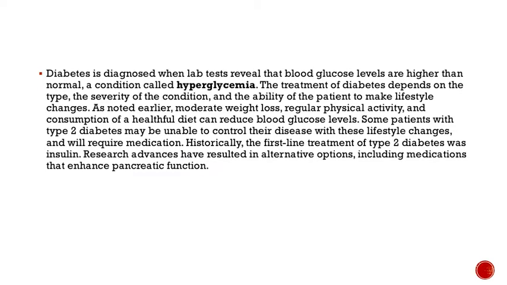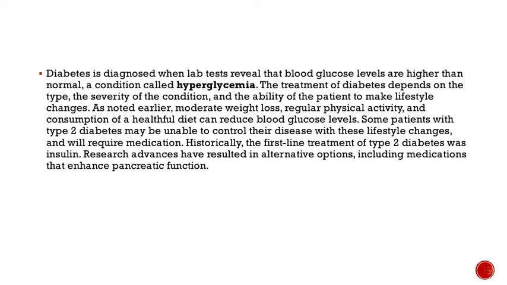Diabetes is diagnosed when lab tests reveal that blood glucose levels are higher than normal, a condition called hyperglycemia. The treatment of diabetes depends on the type, the severity of the condition, and the ability of the patient to make lifestyle changes. As noted earlier, moderate weight loss, regular physical activity, and consumption of a healthful diet can reduce blood glucose levels.